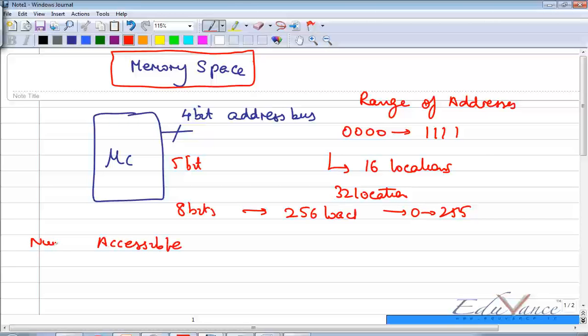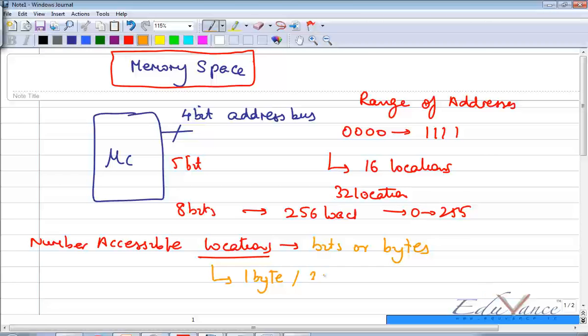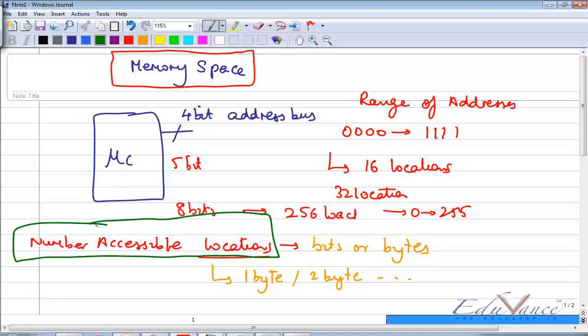Now please understand, locations do not mean bits or bytes, they are just locations. Each location itself can be 1 byte or 2 bytes or 3 bytes and so on. It's just the total number of accessible locations.